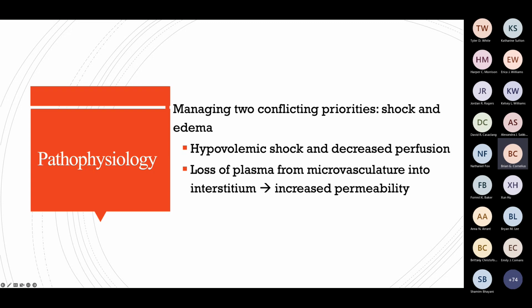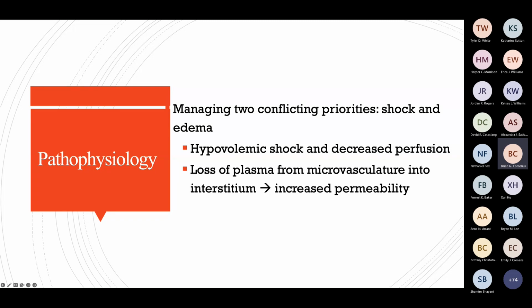So instead of having the fluid intravascular where we really want it to be, it starts to weep out into the tissue because of increased permeability. So they have a relative hypovolemia. They've lost that circulating volume. But at the same time, all that tissue has started to become edematous, which can lead to its own problems.